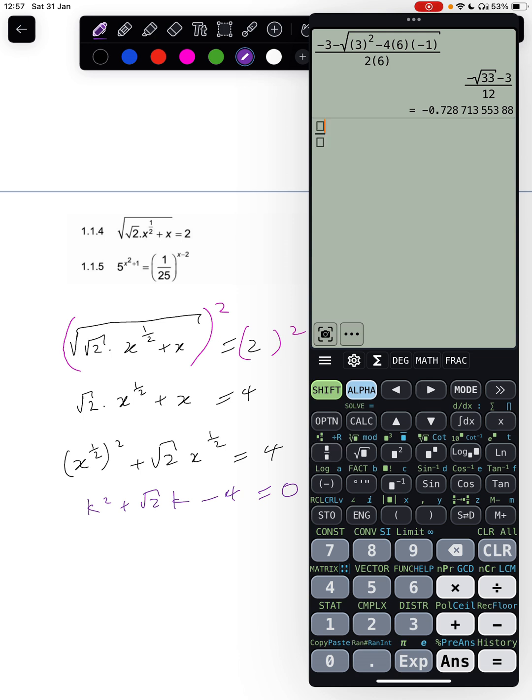So it's negative b, which is square root of 2, plus the square root of 2b squared minus 4ac over 2a. So k is square root of 2, or k is the other one when we're using minus, minus 2 root 2.